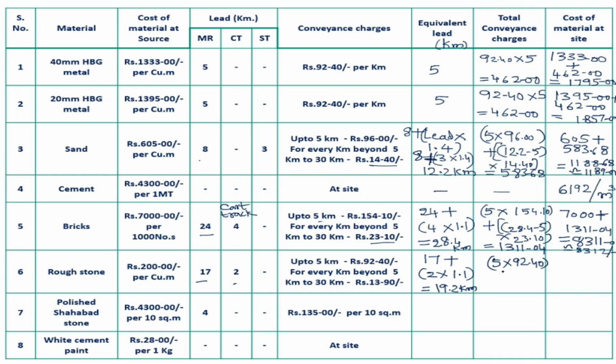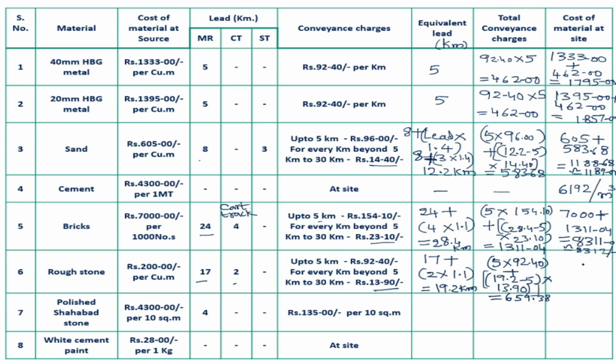And total conveyance charges are 5 kilometers into 92.40 plus 19.2 minus 5 into 13.90, which is equal to 659.38 rupees.